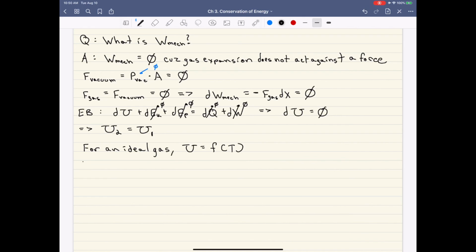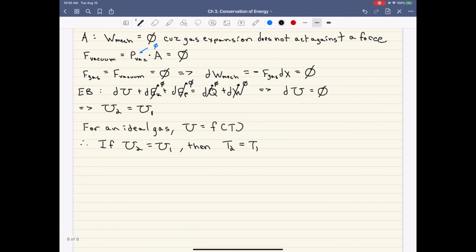And so if our internal energies are the same in state 1 and state 2, then for an ideal gas, the temperature of state 2 is also going to be equal to the temperature of state 1. And so overall, whenever we're dealing with this sort of free expansion scenario, what we actually have is an isothermal process.